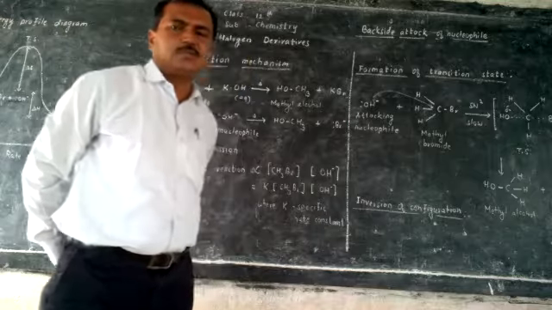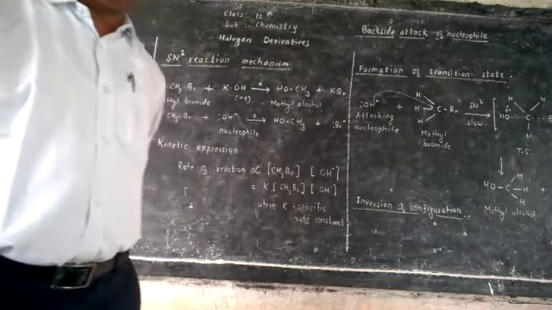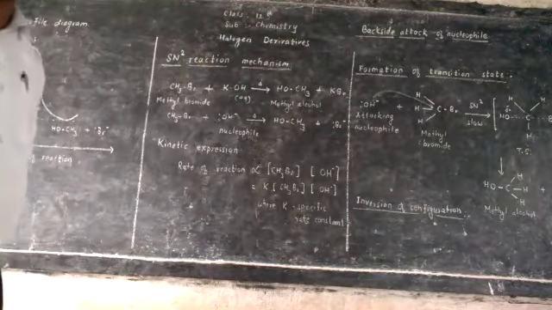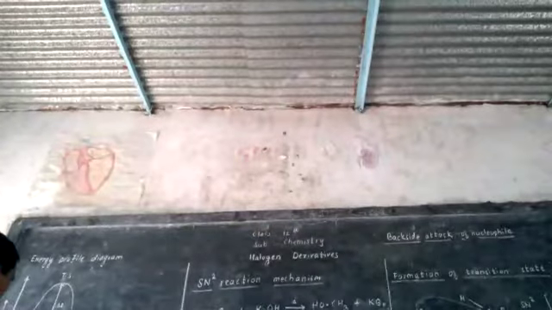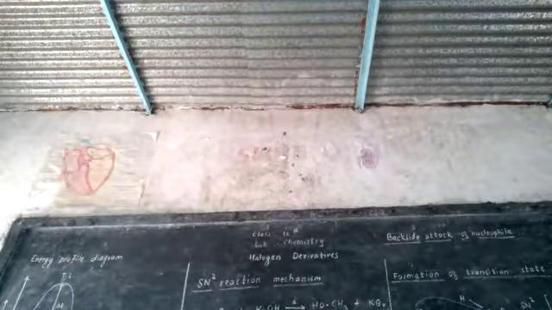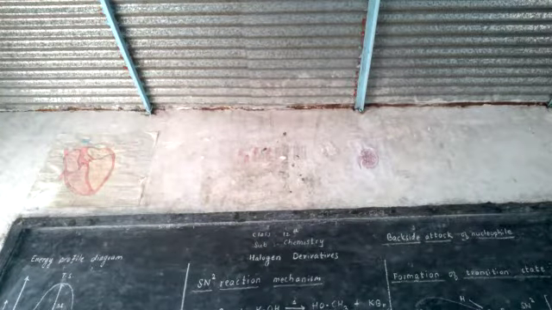Then the last step is the energy profile diagram. The graph between potential energy and progress of reaction is called the energy profile diagram.